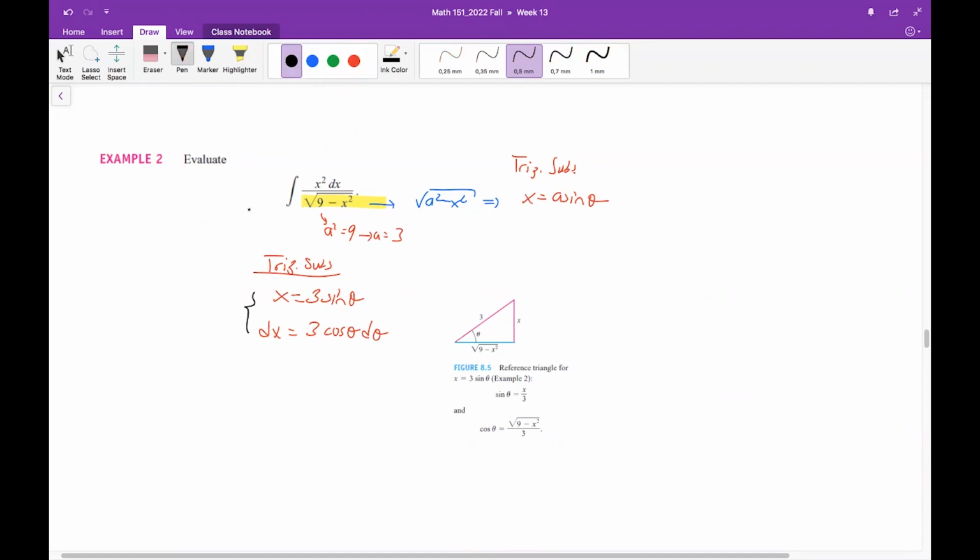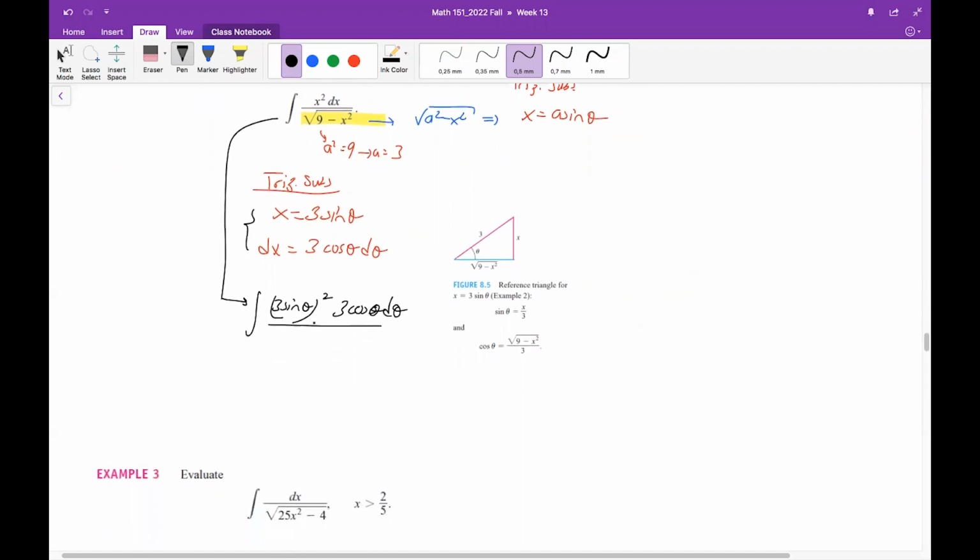Then, according to this trigonometric substitution, you can rewrite your integral as x squared, x being 3 times sine theta, squared, and dx is written here, 3 cosine theta d theta, divided by 9 minus x squared, where x is 3 sine theta. Okay, let's deal with this denominator.